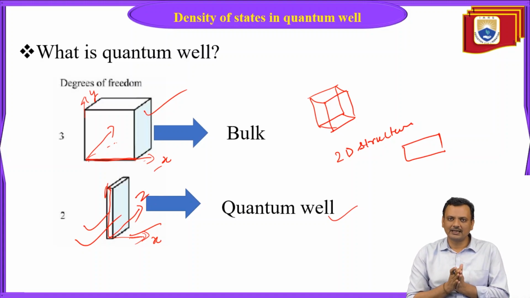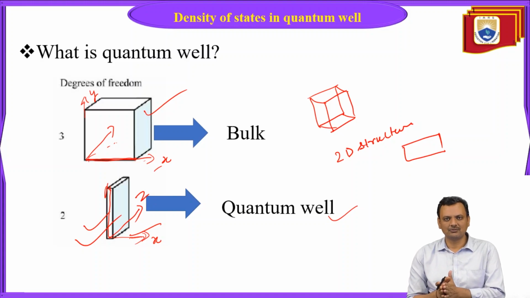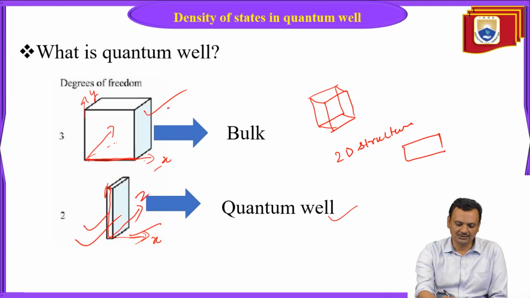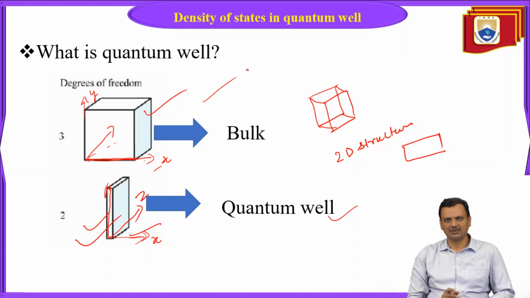So what will be the density of state in a quantum well type of structure? We already discussed the density of state in the bulk case, where the crystal can expand in all the possible directions and the free electron inside the material can travel in all the possible directions.